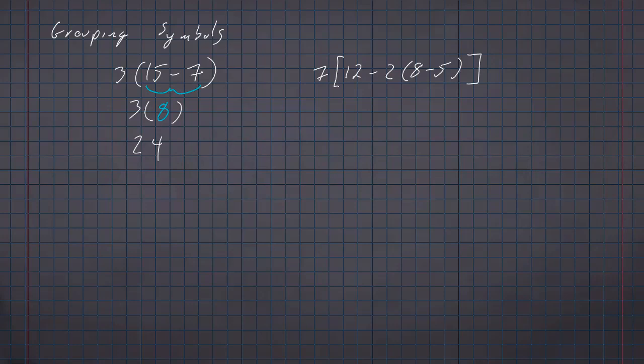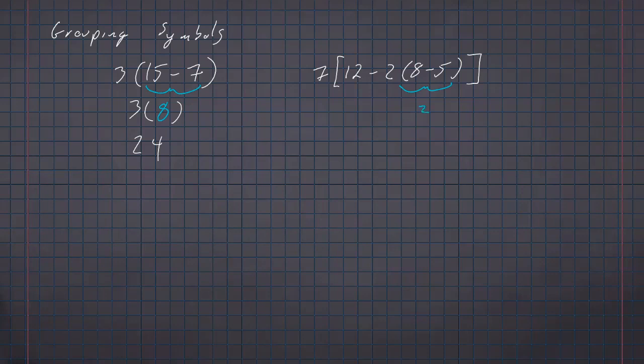So here I have 7 times the quantity 12 minus 2 times the quantity 8 minus 5. And at this point, we look at the square bracket grouping symbol. Inside the square bracket is some parentheses. So the parentheses are going to be the thing we do first.